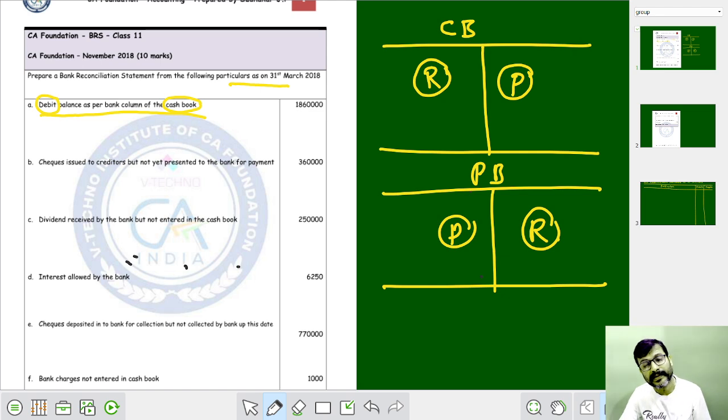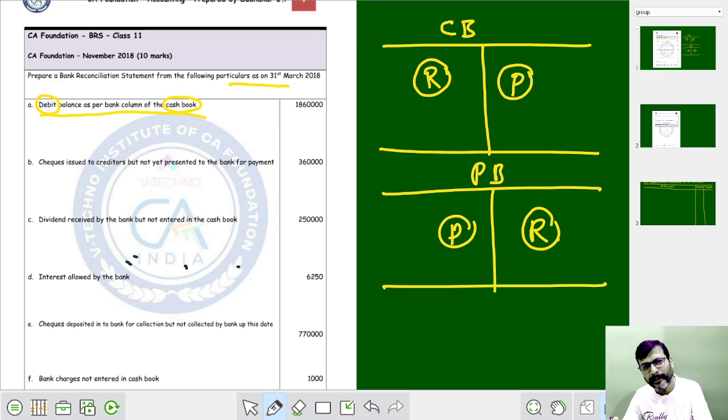Please, my dear kids, very often I tell you, in order to have a perfect knowledge in BRS, you should have these two things because you need to compare each and every point with this and do the BRS.